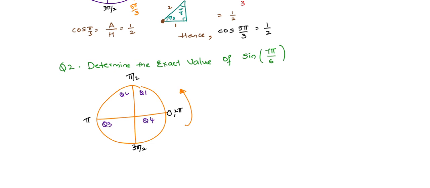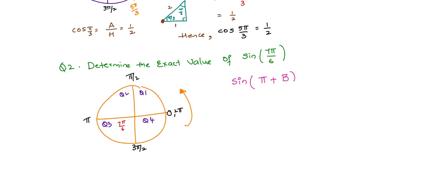Looking at the problem, sine 7 pi on 6. If you look at 7 pi on 6, it actually fits in the third quadrant. The condition in quadrant 3 is pi plus base angle.